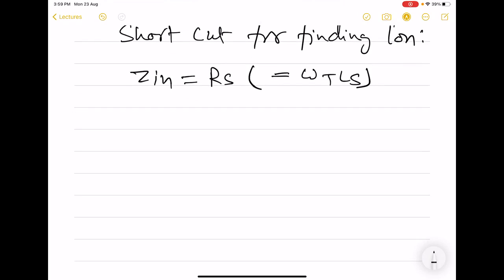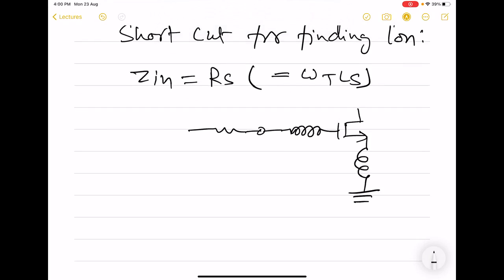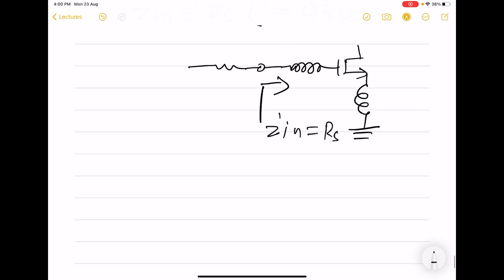Now if you look at the model that we drew, the meaning here is that this Zin dash is equal to Rs, and ION basically corresponds to this case.